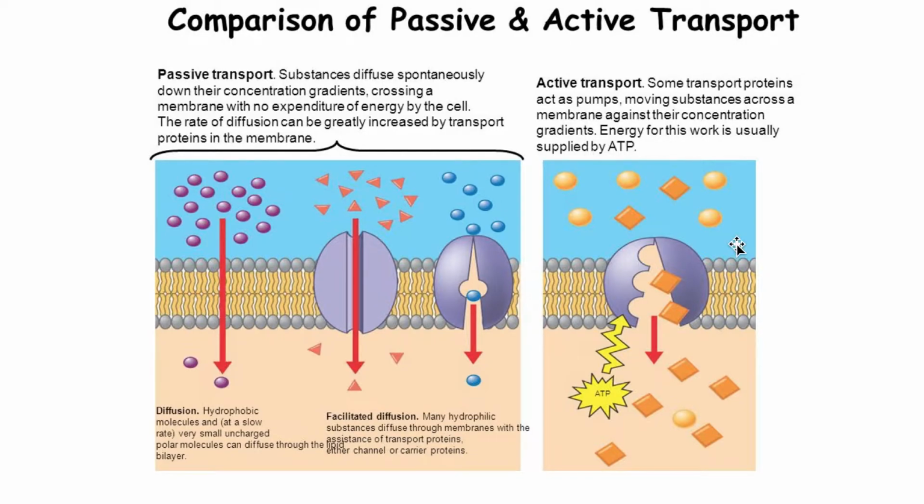During active transport, now we're moving against the concentration gradient. So if you look at these little squares, they're more concentrated inside the cell than outside the cell, yet we're moving these squares to where they are more concentrated. In this case, this transport protein is going to require ATP to move these solute particles against their concentration gradients.